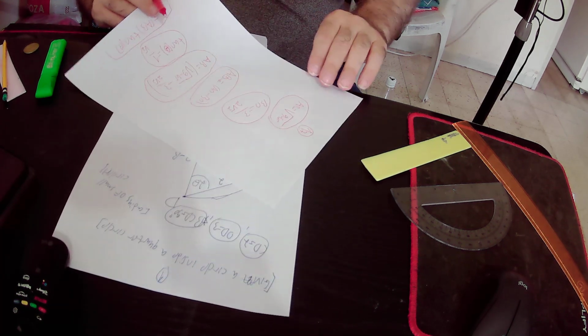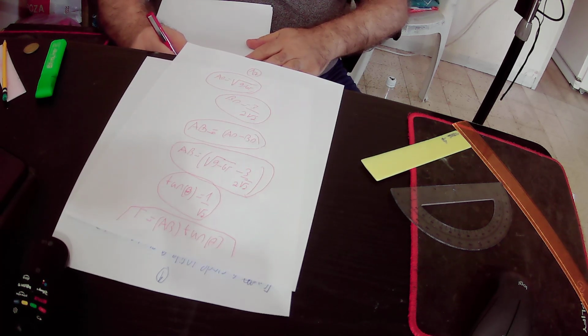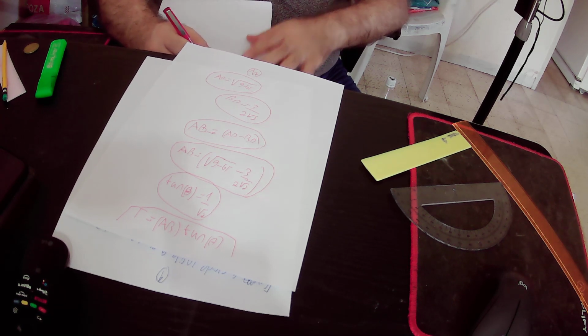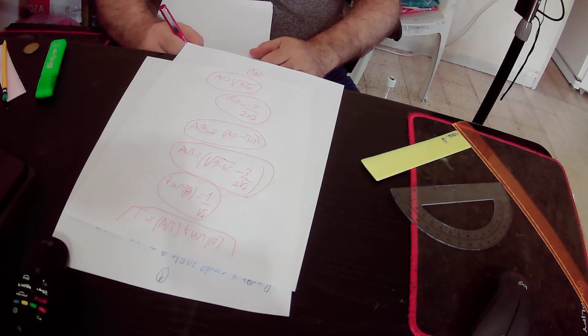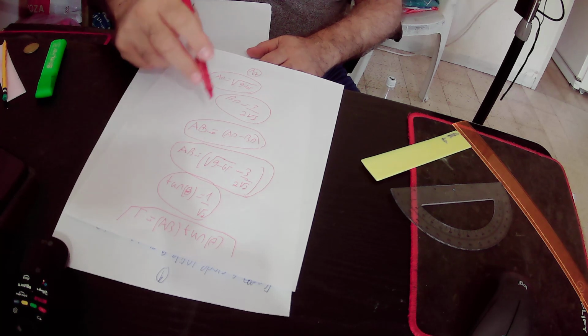So r equals the root of 9 minus 6r, minus 3 over 2 times root 2, that is AB, times tangent theta, which is 1 over root 2.